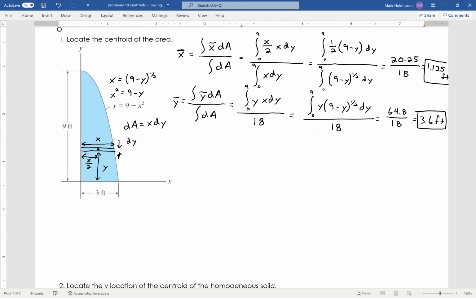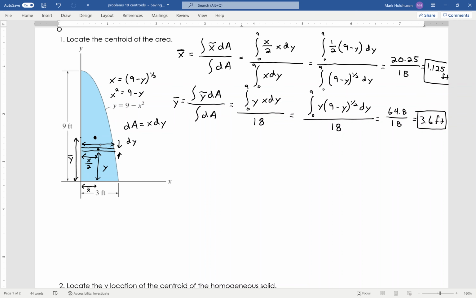So again, what that's telling me is the location of the centroid, which gets a little messy in here, right? If you go in the x direction, 1.125, and then up here, maybe up to here, we'll call that y tilde, 3.6, and x tilde is going to be somewhere right around there.